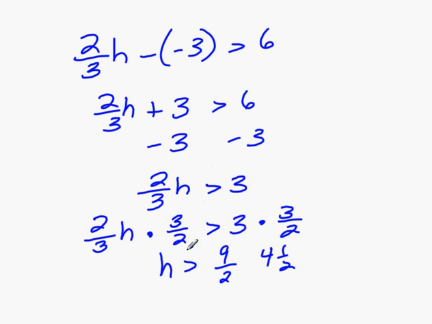Notice I didn't have to flip my inequality because I didn't divide or multiply by a negative number. So h is greater than 9/2 or 4 1/2. There's 4 1/2. Open circle, and since my variable's on the left-hand side, it's showing me which way the arrow's pointing. It's going to be pointing to the right.